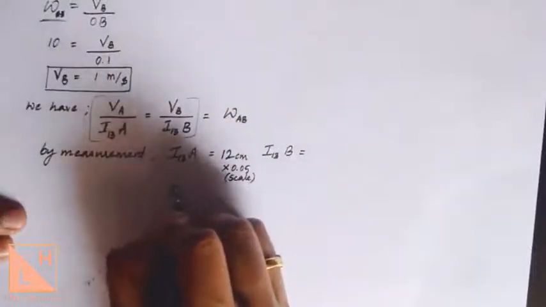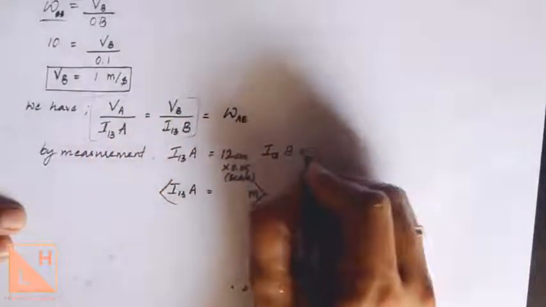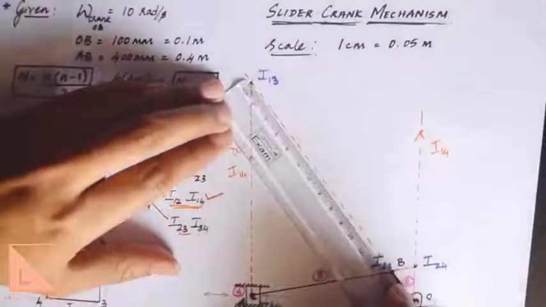So you will get I13A from here in meter. We'll measure I13 to B as well. You have it as 13 centimeters.